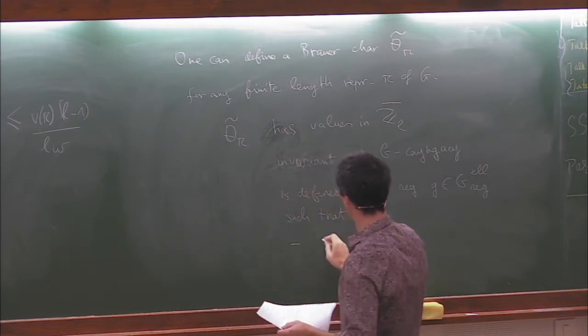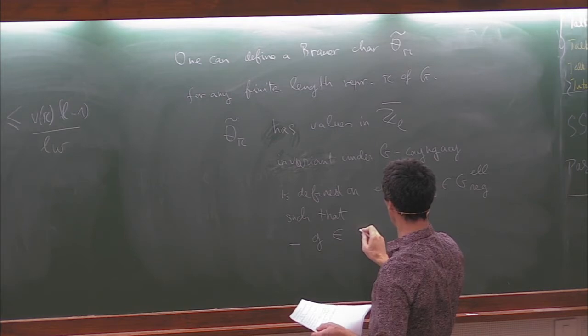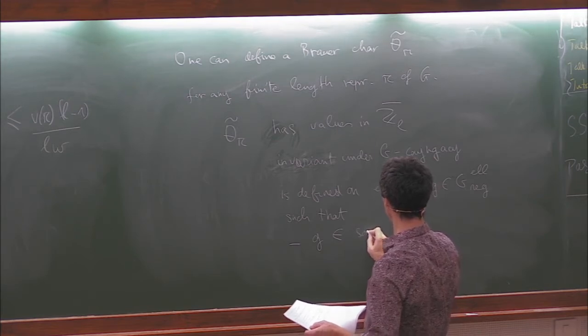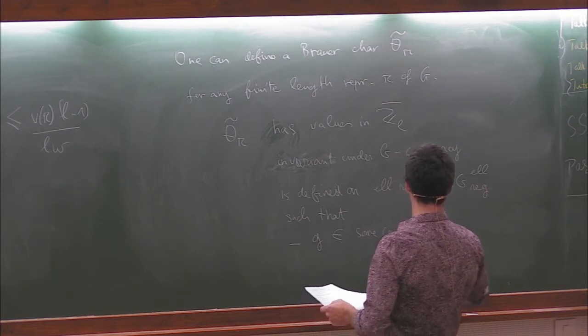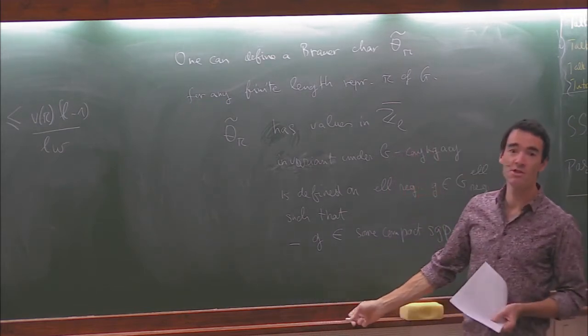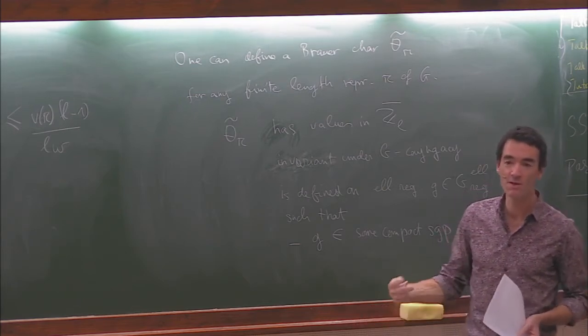first, G is compact, which means that G is contained in some compact subgroup. So in GLMD, there is a unique maximal compact subgroup, unique up to conjugacy.